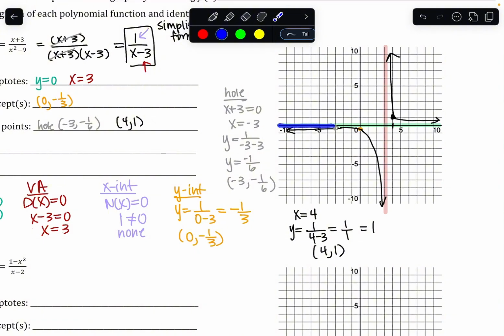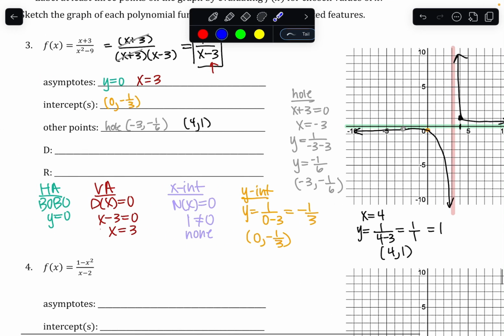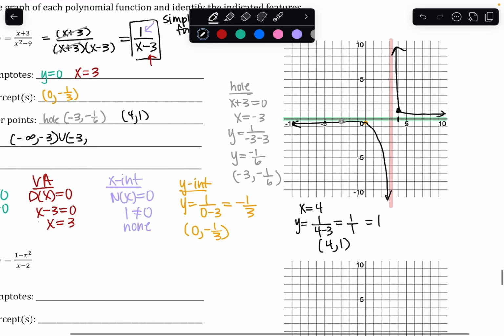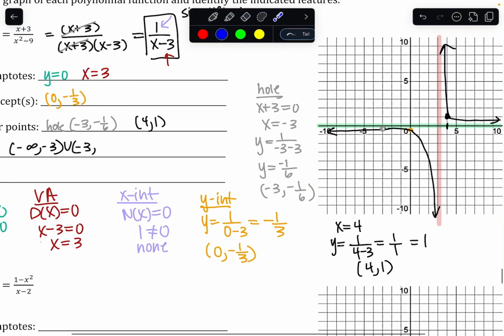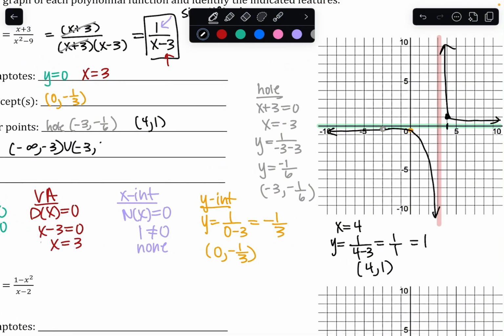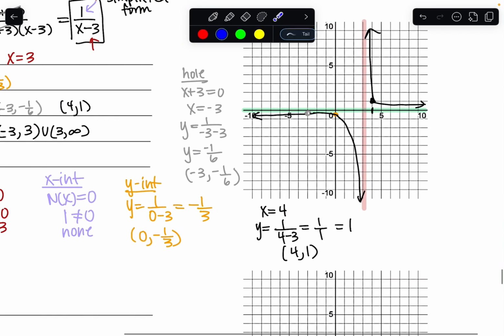And so there's a hole at -3, and so we're going to go from -infinity to the hole, and then we're going to pick back up on the other side using parentheses because x doesn't equal -3. We're skipping over it. And then after we skip over that -3, we run into the vertical asymptote, which is at +3. And then we pick back up on the other side of 3, and it goes to infinity.